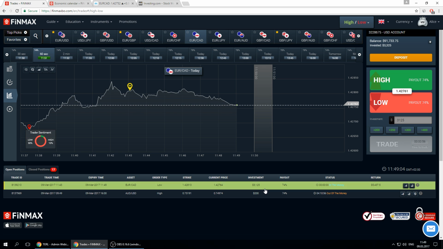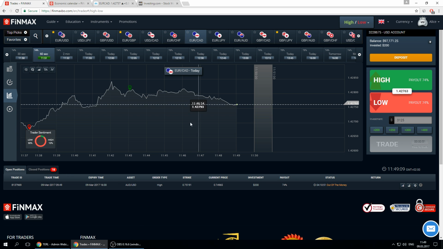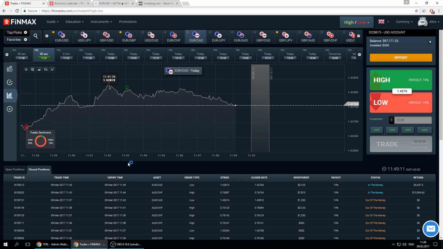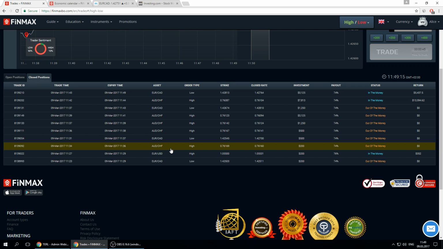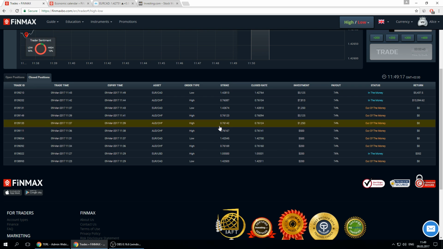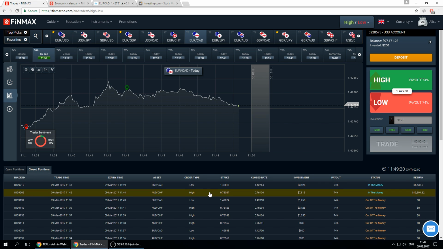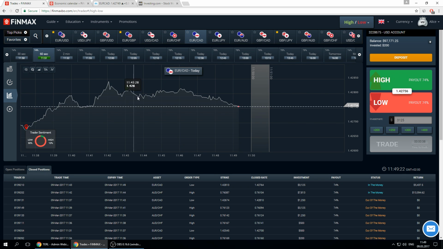That was stop number 3 or 4, depending on how you count. So let's see the results. Here we have a row of bad trades, but we closed them in profit thanks to this one and this one.